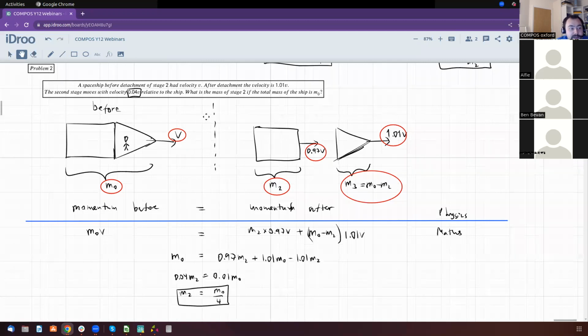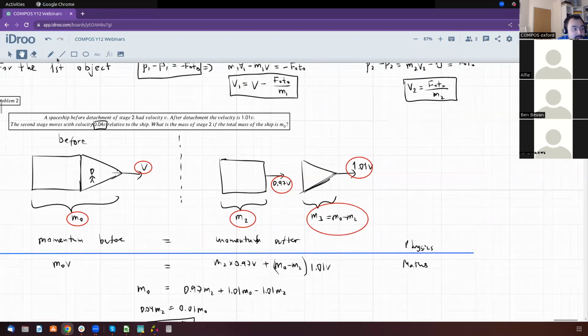The relative velocity means that if you are sitting inside the rocket, you will see the other part of the rocket traveling at 0.04. That's what relative velocity means.